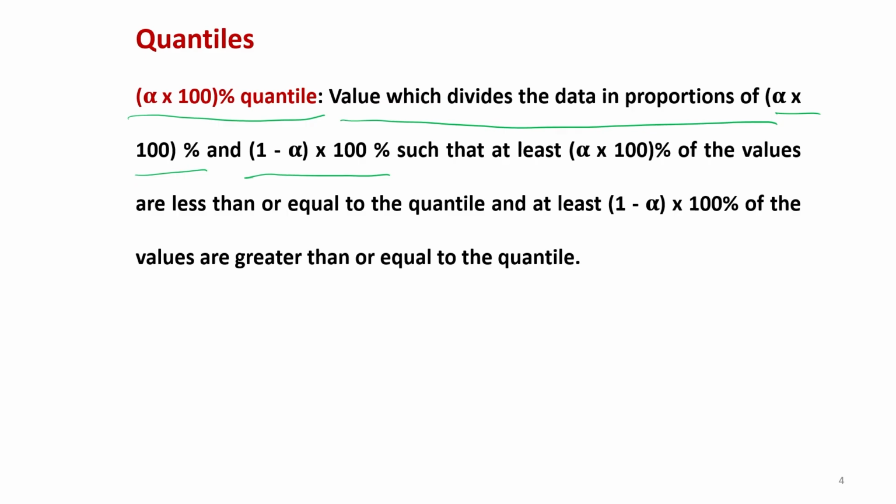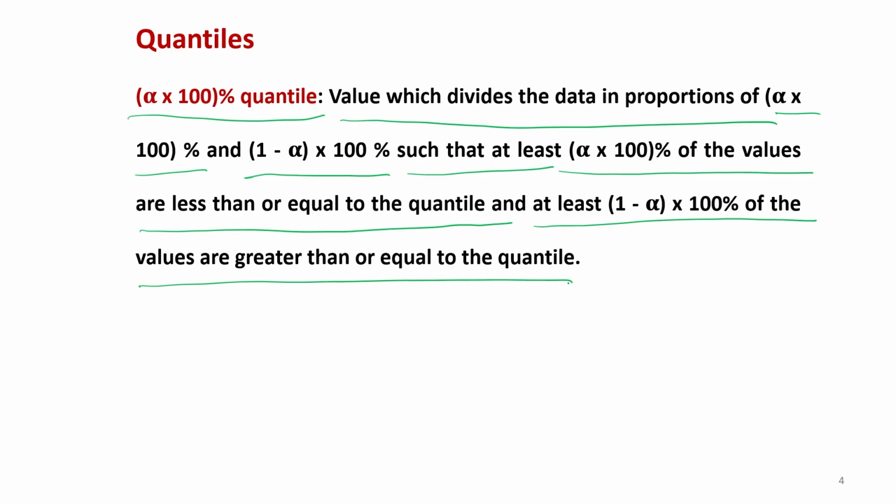So that means this value is going to divide the data in two proportions, alpha times 100% and 1 minus alpha times 100%, such that alpha times 100% of the values are less than or equal to the quantile, and at least 1 minus alpha times 100% of the values are greater than or equal to the quantile, right?